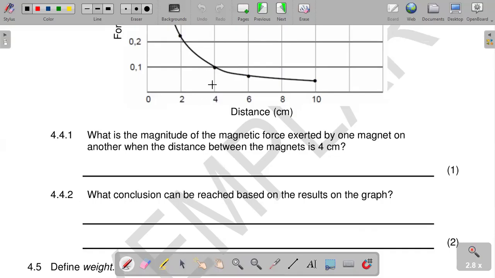So 4 centimeters is here, is 0.1 Newton.